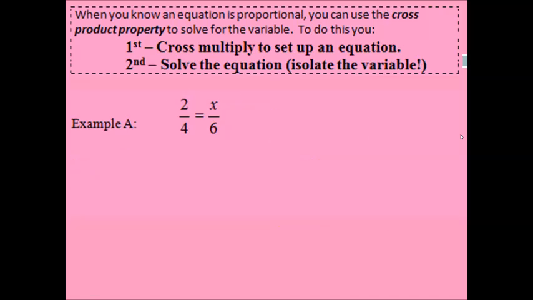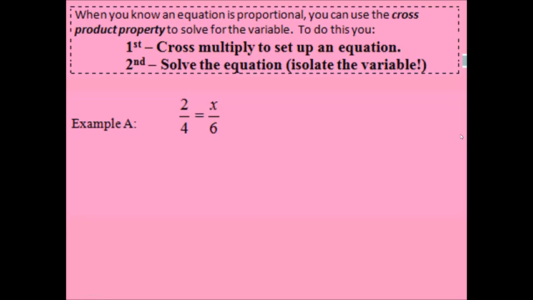When given 2 equal fractions containing a variable, you can use the cross product property to solve for the variable. We do this first by cross multiplying to set up an equation, and then solving the equation, or isolating the variable. With this example, we have 2 over 4 is equal to x over 6. So first we cross multiply.